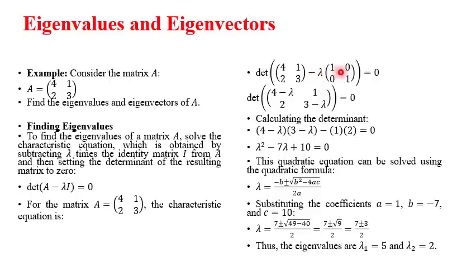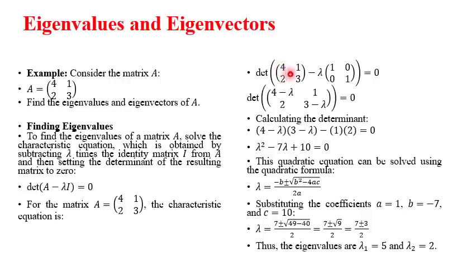So then when we subtract this matrix from all this, you see, we just simply subtract the corresponding elements in like positions.